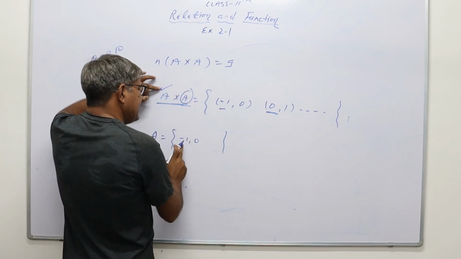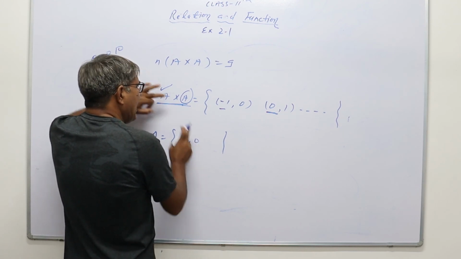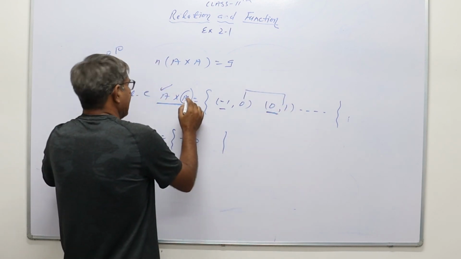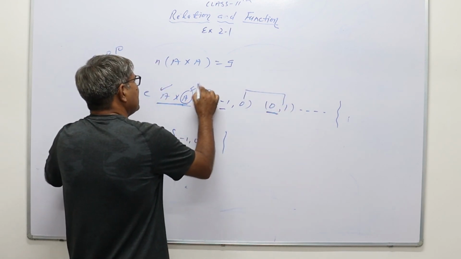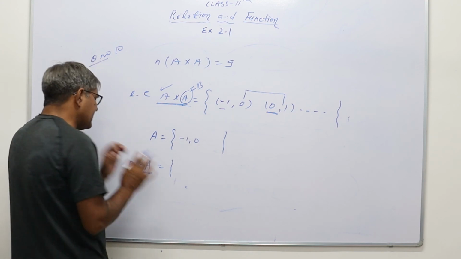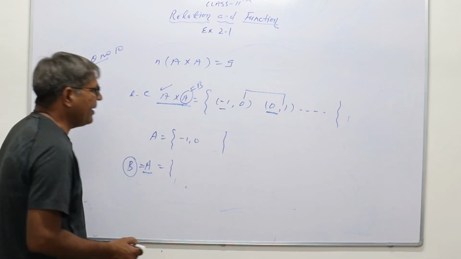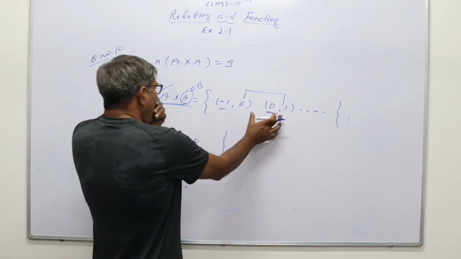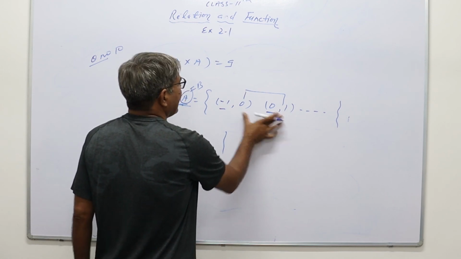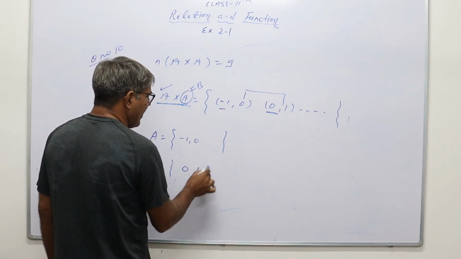So in the first set, some elements may be -1, 0, and the collection of second elements is in the second set. Let us, for this second set, just suppose it is B. It is A, but just to understand we are taking B. If it is B, then which elements will be in B? The collection of the second elements in the given ordered pairs. So here may be 0, 1.